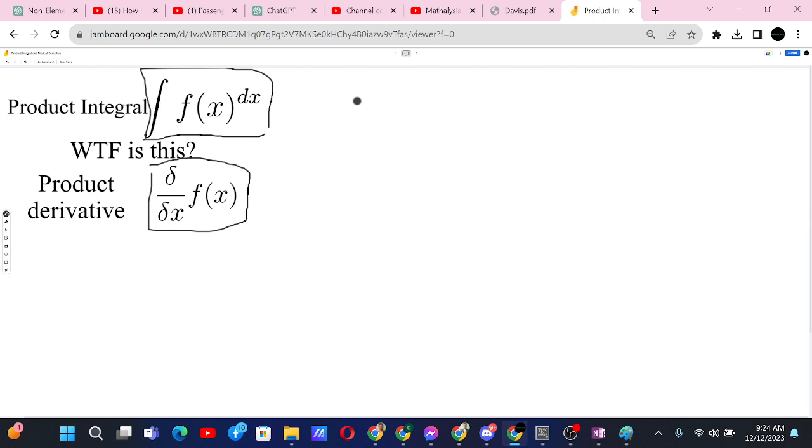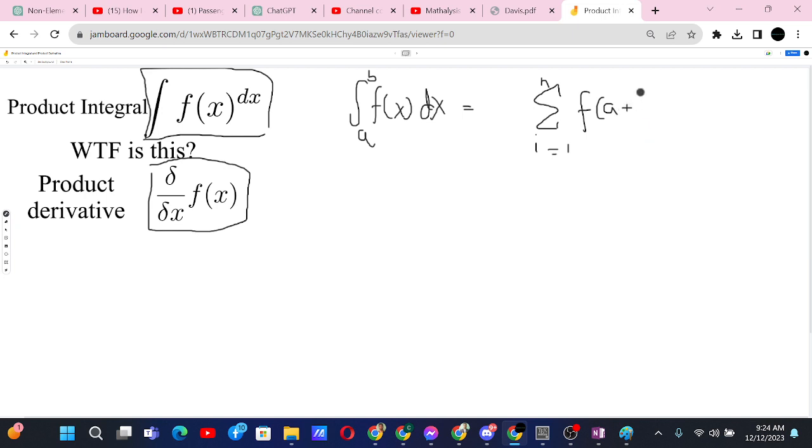Before we go to that, it's essential to know about the normal integral, that is the Riemann sum integral, which is something like this. This is a sum from i equals 1 to n of f of a plus (b minus a)/n times i, times (b minus a)/n, if this is from a to b.